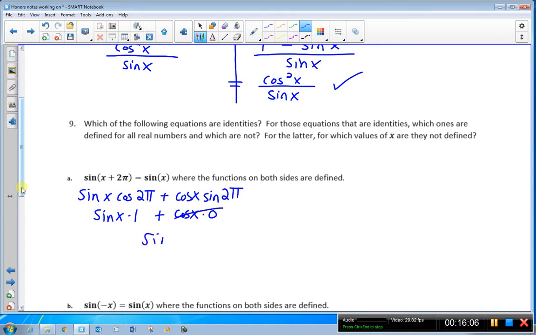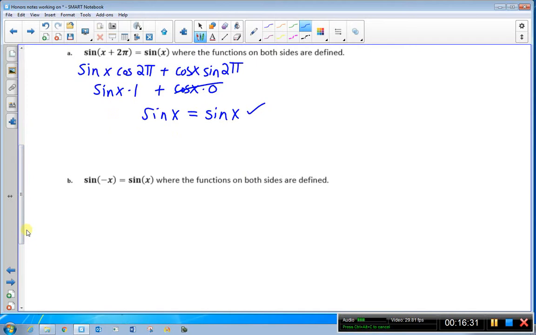So sine of x equals sine of x. Okay. So that one is definitely an identity. If it is an identity, which ones are defined for all real numbers and which are not? So this should work for all real numbers. That's its domain.